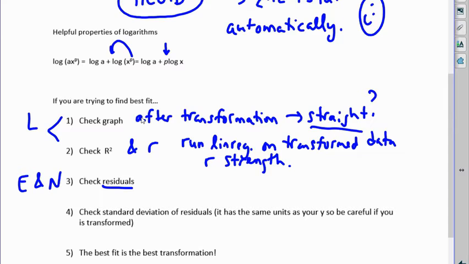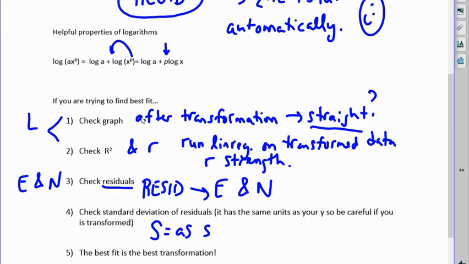The residuals will automatically be stored, and we can look at them and check our equal variance, and we can check for nearly normal using those. Then we want to check the standard deviation of the residuals, because you want your S to be as small as possible, because that is your prediction error.